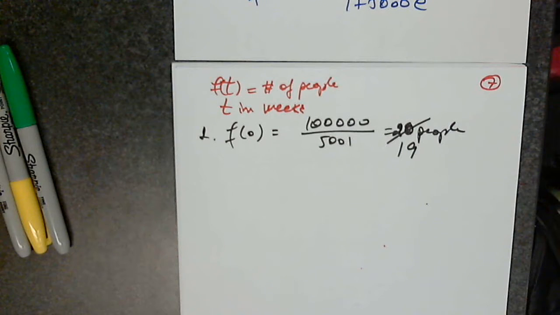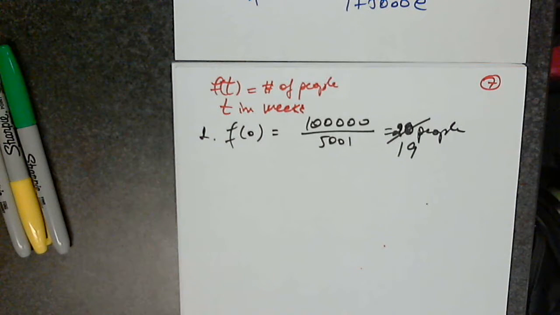I can round up when it comes to money or time, but I cannot round up the number of people. I can't say I have 3.9 people, right? So my answer would be 19, not approximately 20.